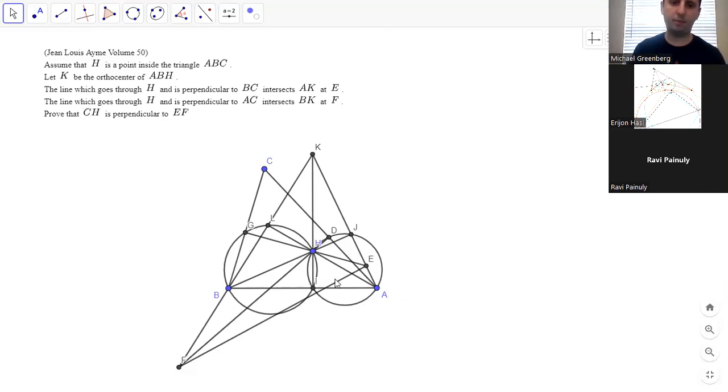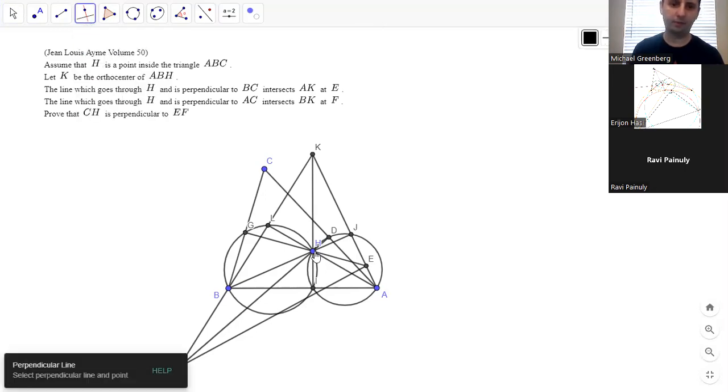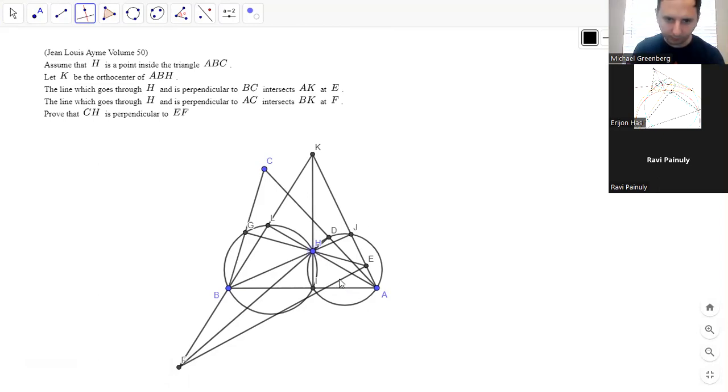Maybe we could drop a perpendicular from H to EF and then try to use the radical axis theorem. That's something I've done a few times before. So if I draw the perpendicular from H to EF, basically I want to show that it passes through C.